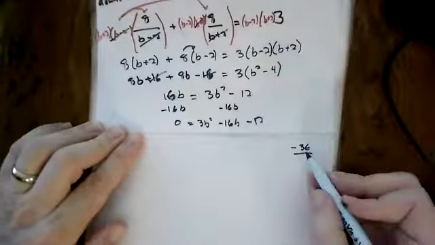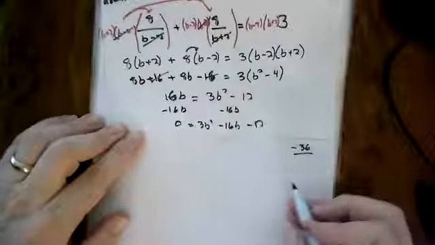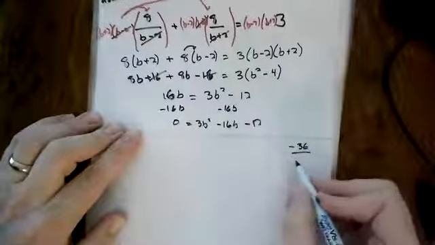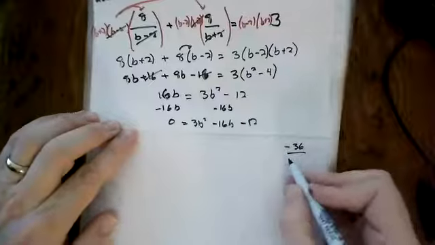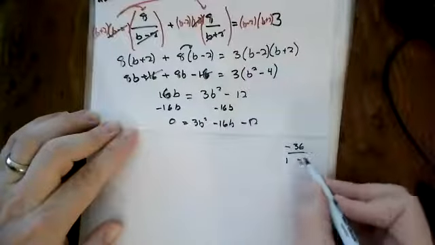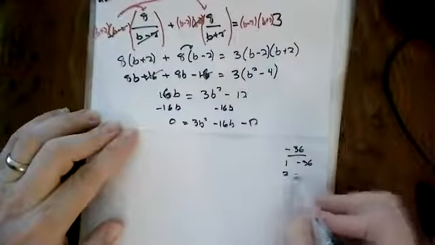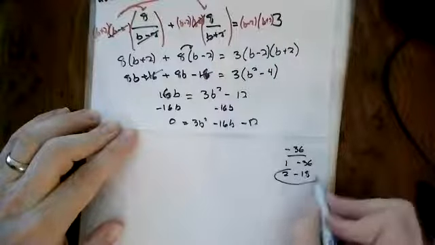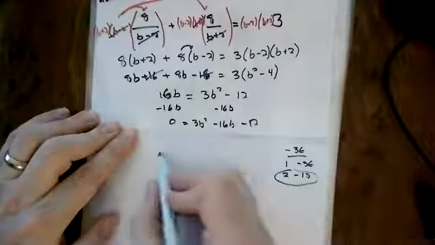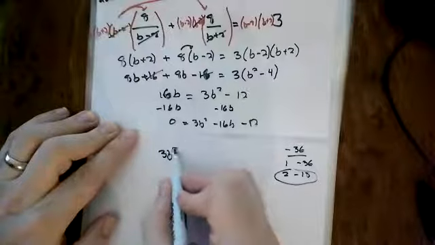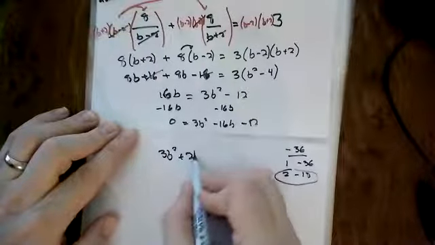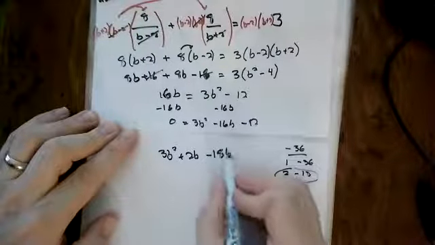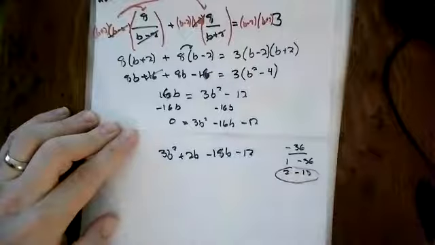We need a factor pair of negative 36 that adds up to negative 16. Let's see, I could do 1 and negative 36, 2 and negative 18, and there it is right there. So this is going to be 3b squared plus 2b minus 18b minus 12.